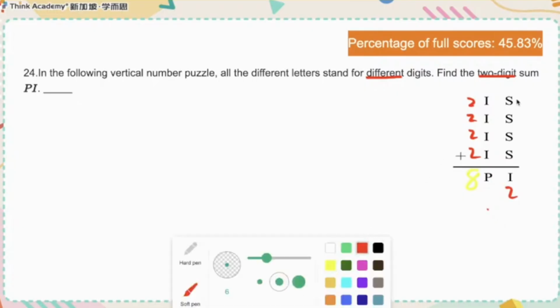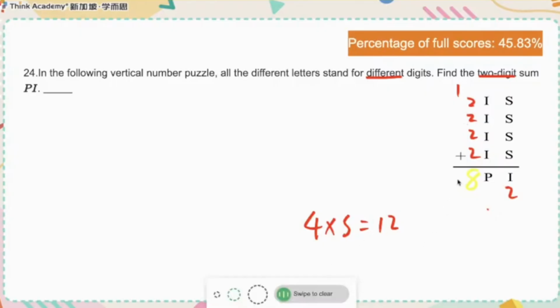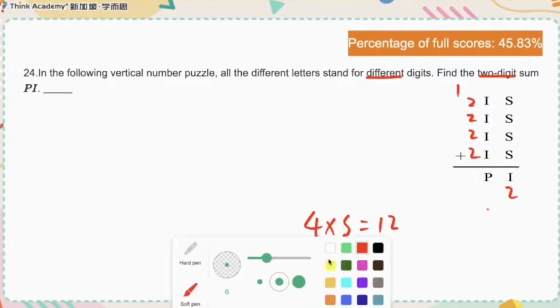Because you can see, is there any number plus together 4 times give us 2? No, can never, right? So, actually, the I doesn't only mean the sum of 4 S's is 2.